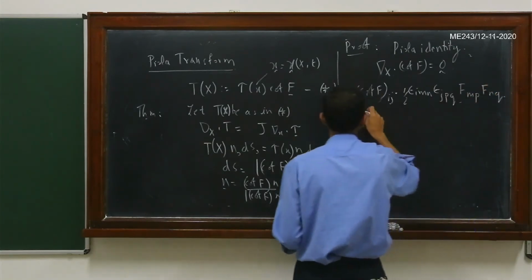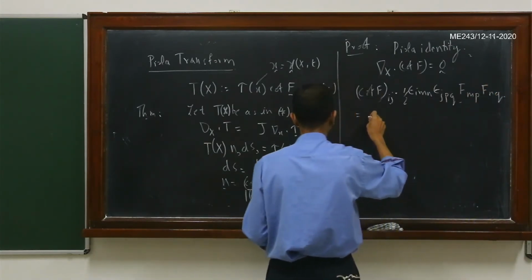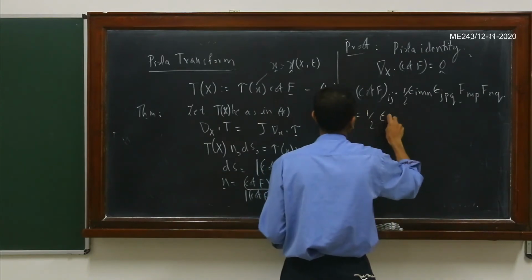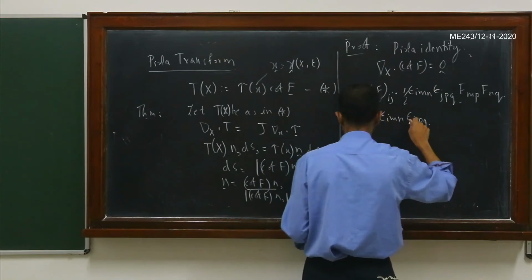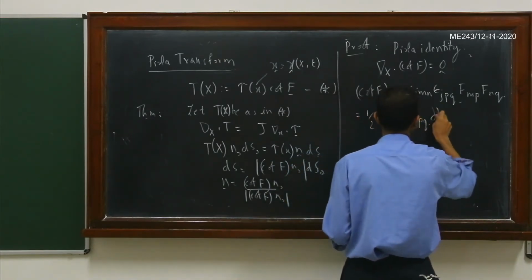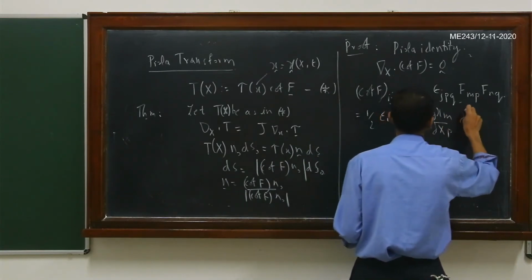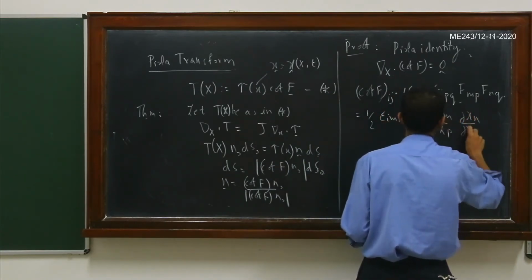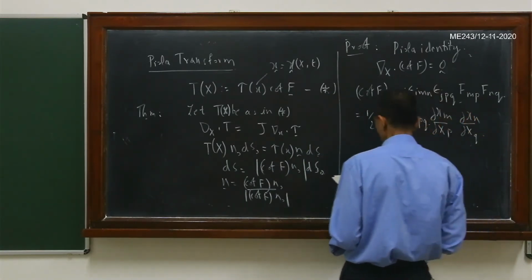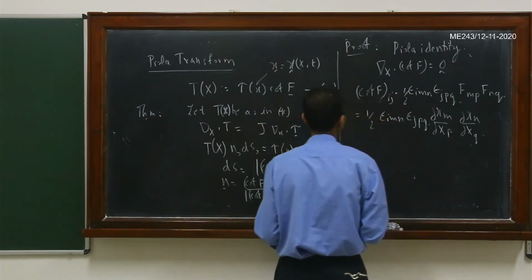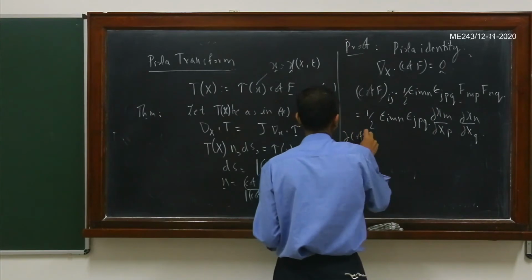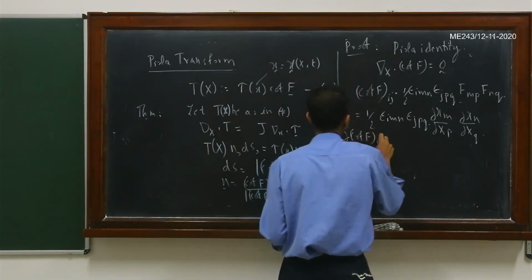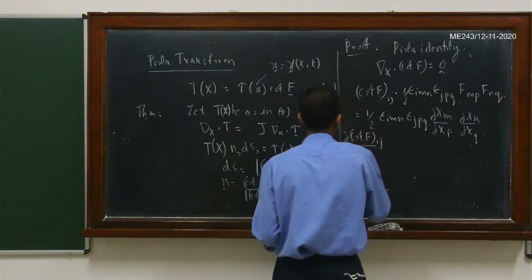Right, and so this I can write as half of epsilon imn epsilon jpq. Let me write it in terms of the chi map, del chi m by del Xp del chi n by del Xq. So if I take now the divergence of this, so this is del of cofactor F ij by del Xj.